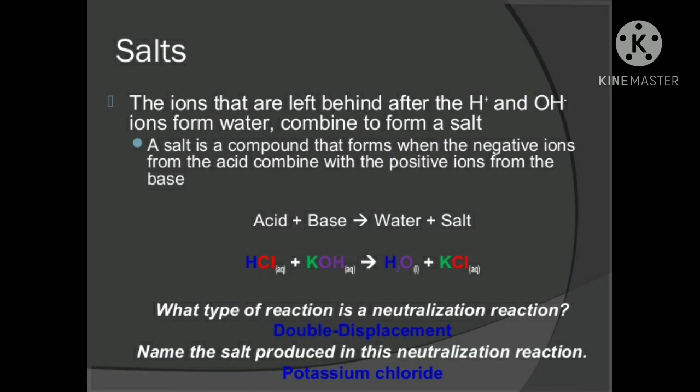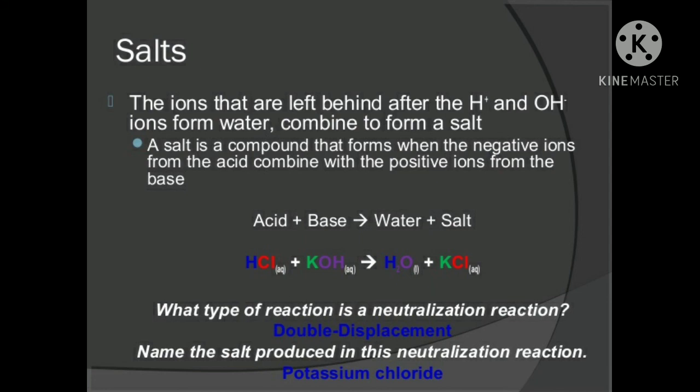Different types of salts are acid salt, which is formed by the partial replacement of the replaceable hydrogen ion of an acid molecule by a basic radical. Normal salts are the salts which are formed by complete replacement of the replaceable hydrogen ion of an acid molecule by a basic radical.